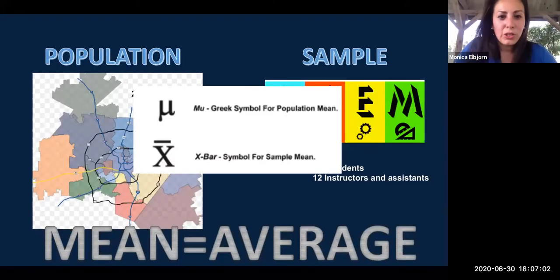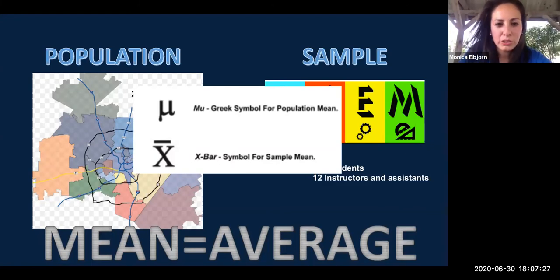Okay, so we're talking about a population and a sample. The population will be all the high school students in San Antonio, Texas, and our sample will be our STEM group. The mean or average will tell us a lot of information.